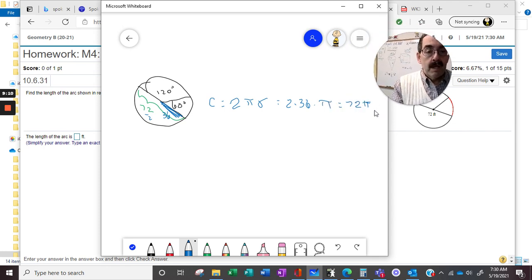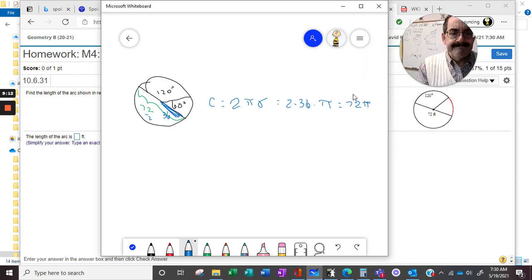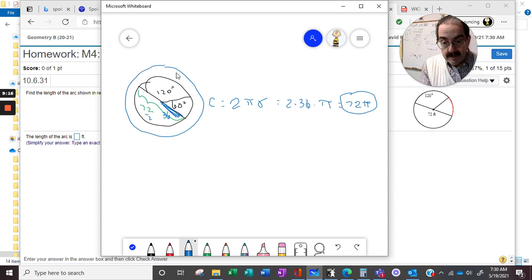Cool. Now, 72 pi is the whole thing. That's all the way around. We only want this piece, okay? So our arc equals 72 pi times 60 over the entire circle, 360, the percent of the whole.